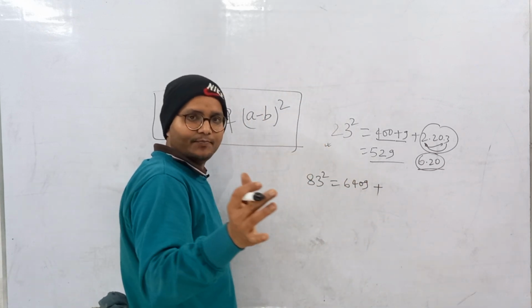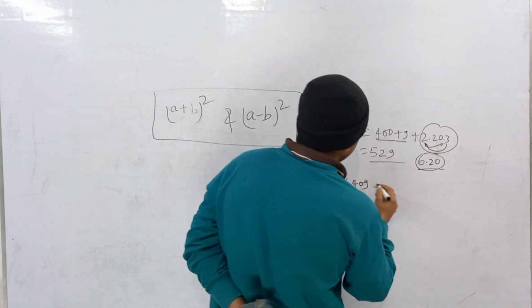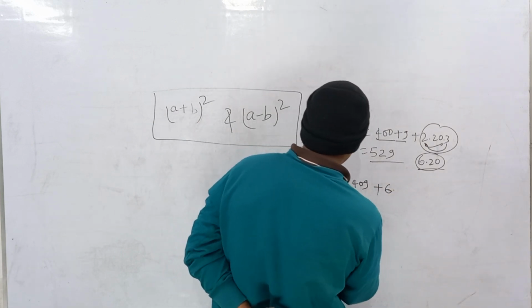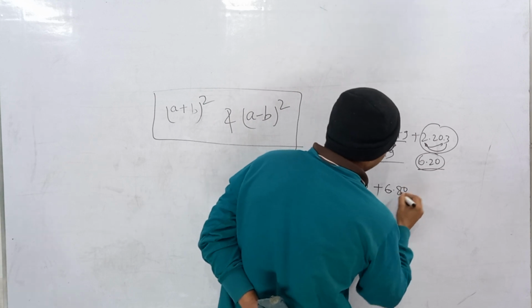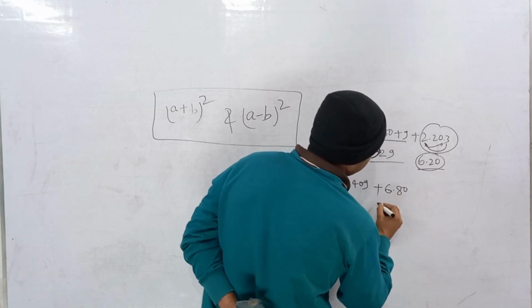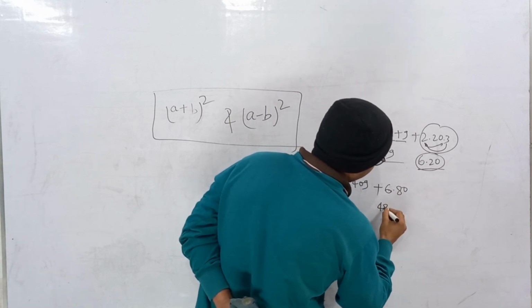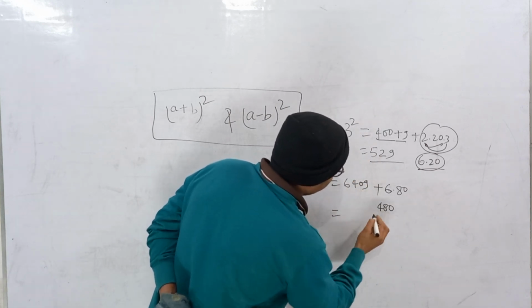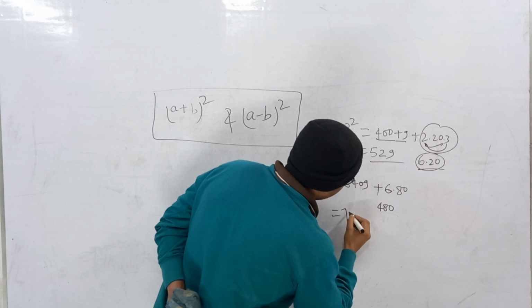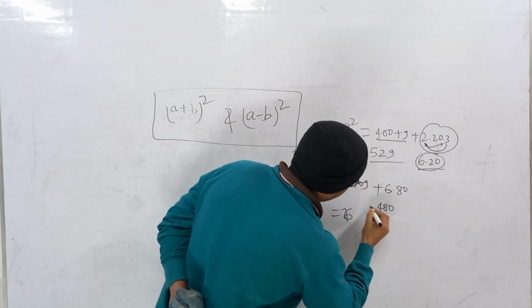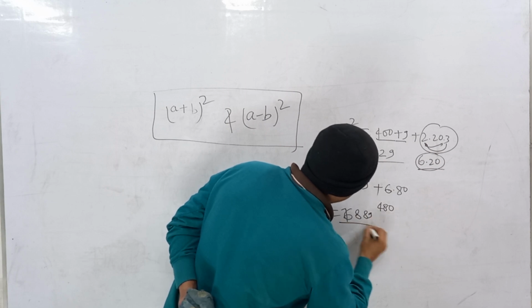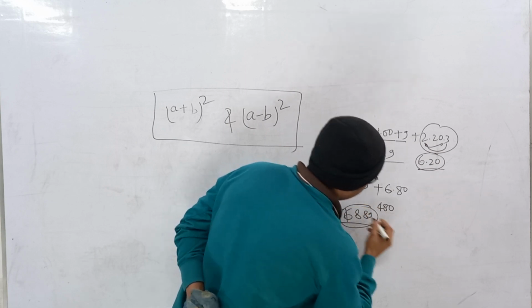Then second step, what will you have to do? 2 into 3, 6, into how much? 80. So 80 into 60, how much? You are getting 480. Okay, so you can easily do it. This one will give you 6889.